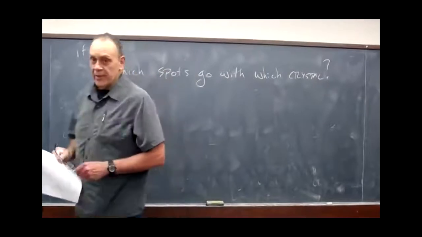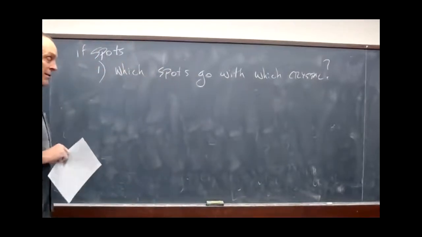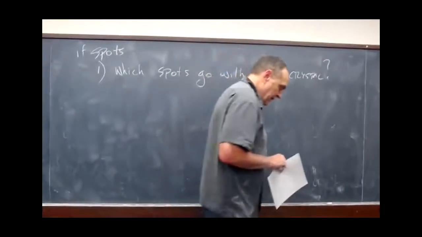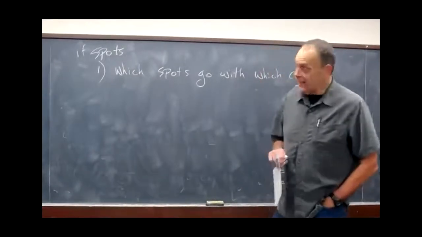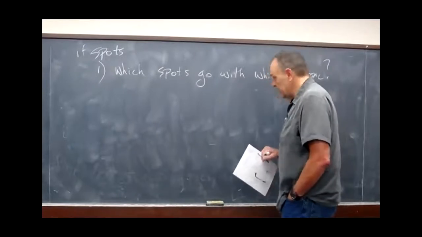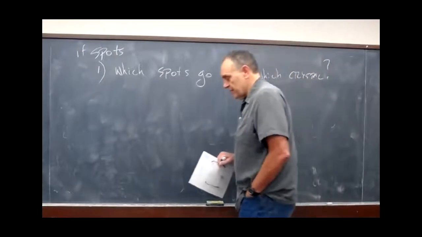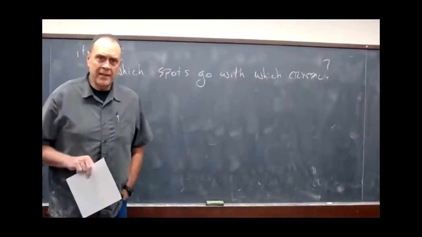That should be the one that's really making you nervous, because the spots are on the detector, and it's coming from a crystal that you can't even see. This is a place where you instantly get stymied.